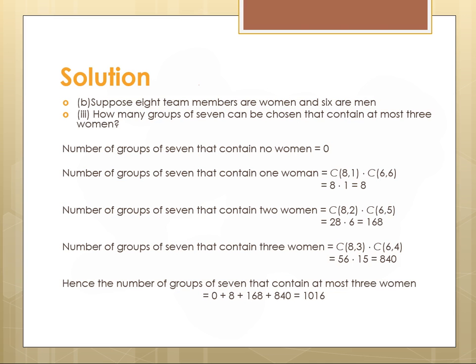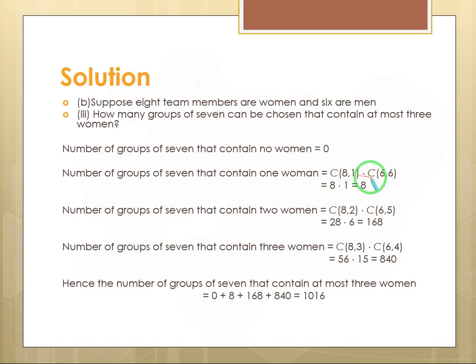And we have another part, part C. In part B we have a third part: how many groups of 7 can be chosen that contain at most 3 women? How many women? 3. So initially, we need up to 3 women in a group. Suppose the number of groups of 7 that contain no women. Now coming to the number of groups of 7 that contain 1 woman. We have 8 women, and how many do we need to choose? 1.